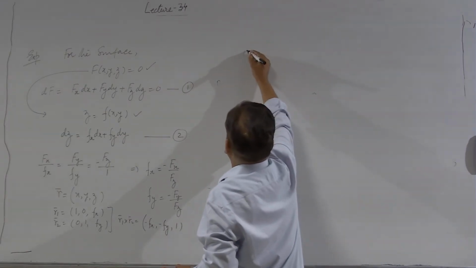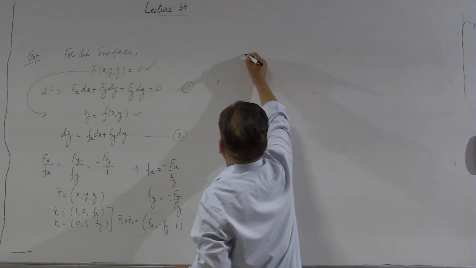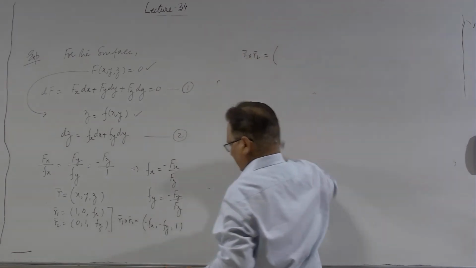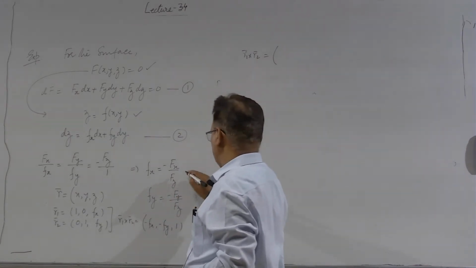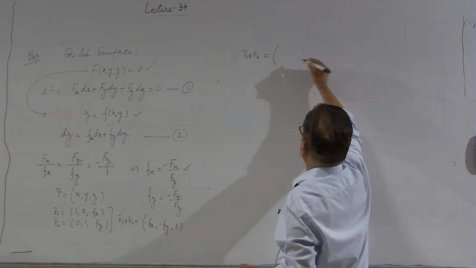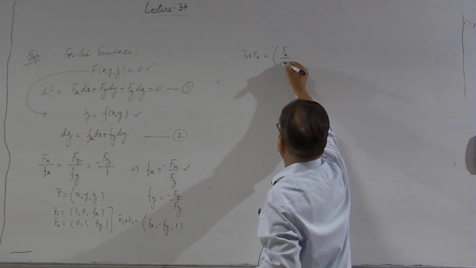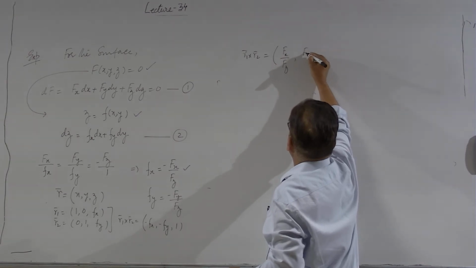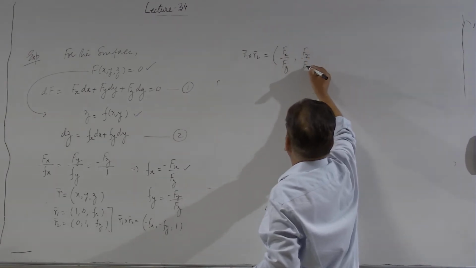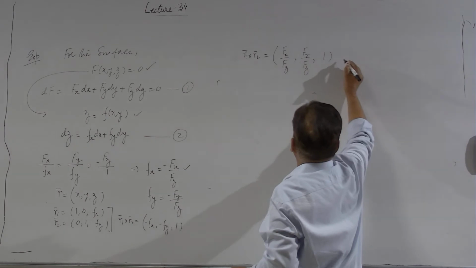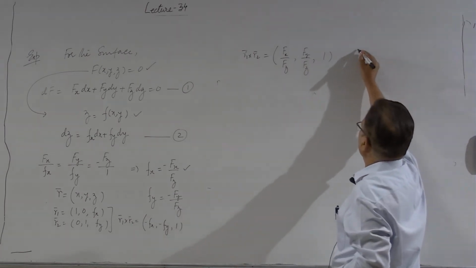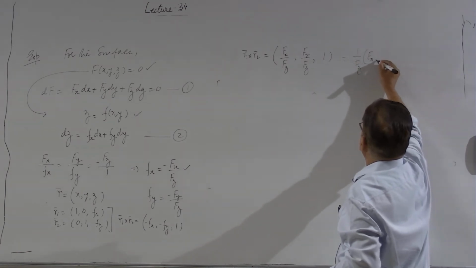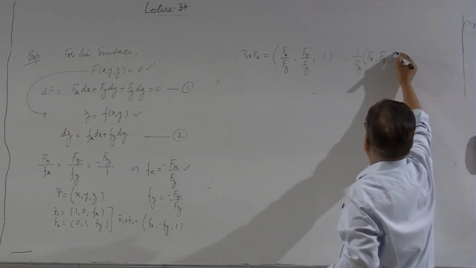The normal r1 cross r2 will become (minus f_x, minus f_y, 1), which means it will be F_x upon F_z, F_y upon F_z, and here you have 1. This can also be written as 1 upon F_z into (F_x, F_y, F_z).